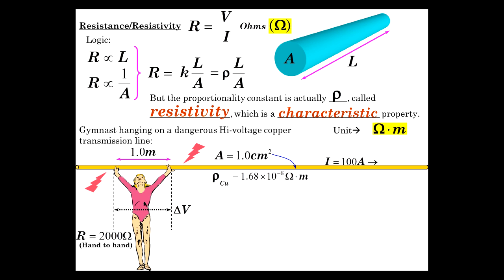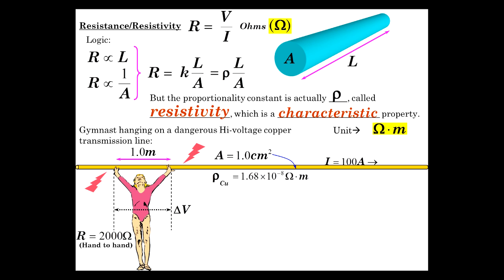Now, the resistance of the physical body varies a lot based on sweat, and the conductivity is highly variable based on the circumstances. Your hands are wet or sweaty, it's much less than if they're dry, but as a reasonable value, I'm going to say it's 2,000 ohms hand to hand.